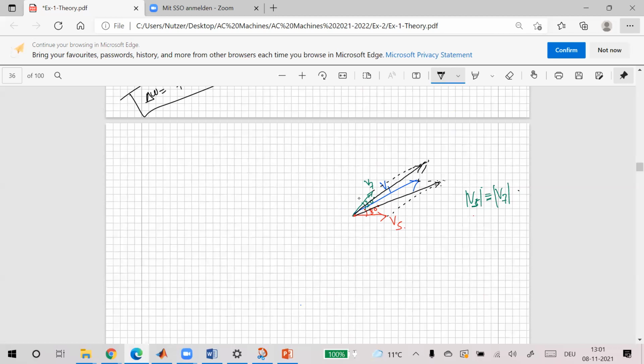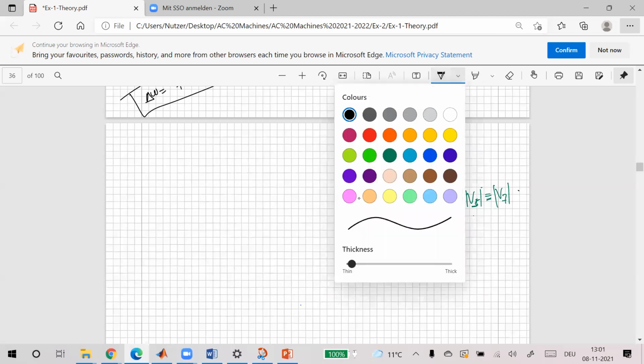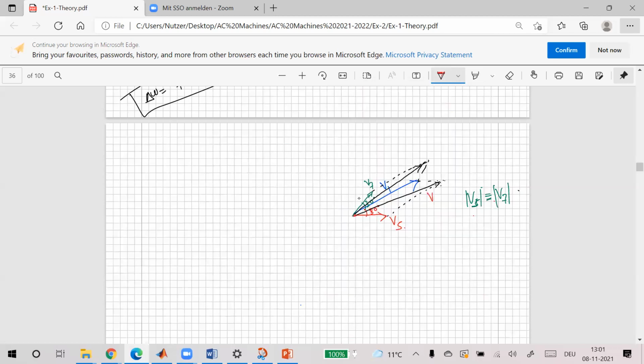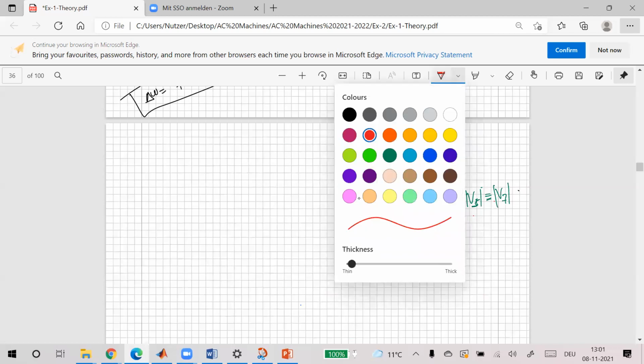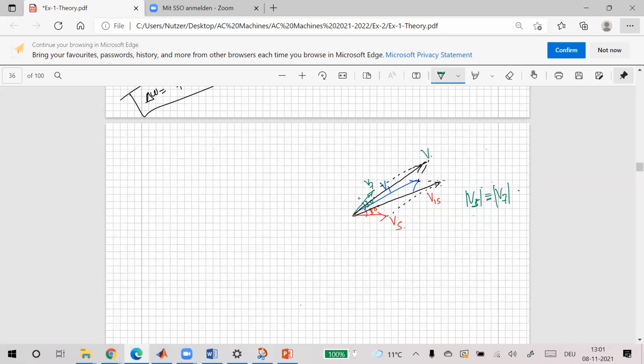Okay, so I would like to name these again. Let's name this V15, and this one, the green one, V17. So what I can say is V15 is equal to V1 vector plus V5 vector, and V17 is equal to V1 vector plus V7 vector.